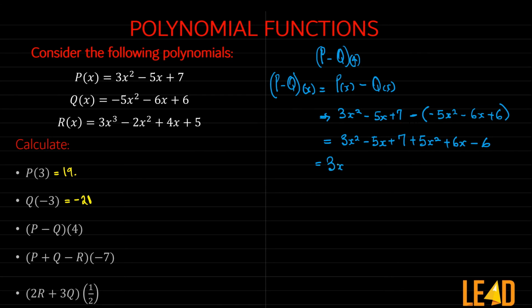That would be 3x squared plus 5x squared, then minus 5x plus 6x, and then plus 7 minus 6. I would have 3x squared, or rather 8x squared, right? If I sum them up, I would have 8x squared plus x plus 1. So that's p minus q of x.